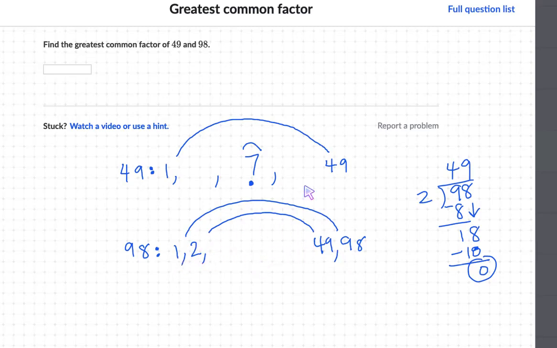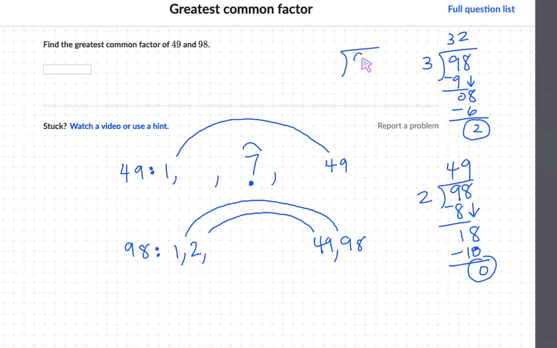Okay, let's try 3 now. Does 3 go into 98? 3 times 3 is 9. And does 3 go into 8? It does not. The closest is probably 2, so that'll give us a remainder of 2. That doesn't work. Let's try 4.